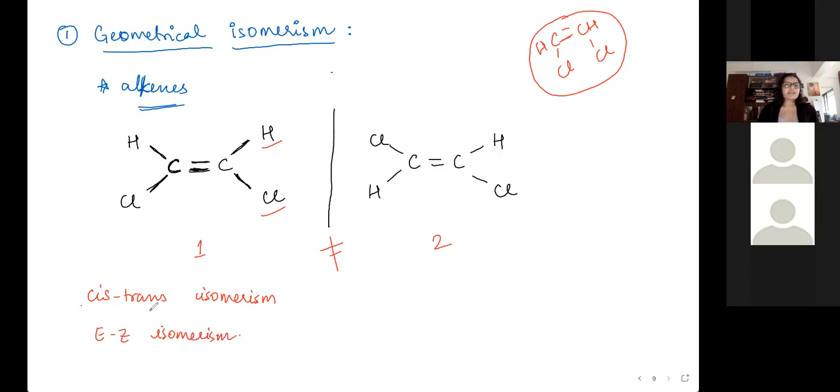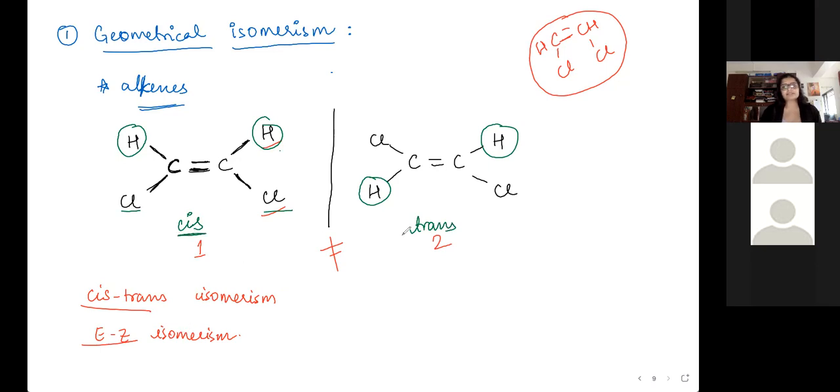Okay. So why these names is basically again coming from the structure only. So if you see here, hydrogen is on the same side here. Hydrogen is on opposite sides here. So when you have the same atom on the same side, like where hydrogen is on the same side, chlorine is on the same side, this particular structure is called the cis structure, and this is called trans structure.